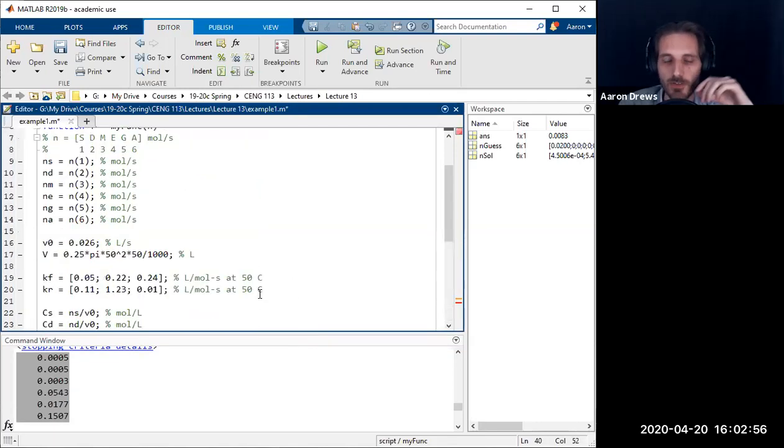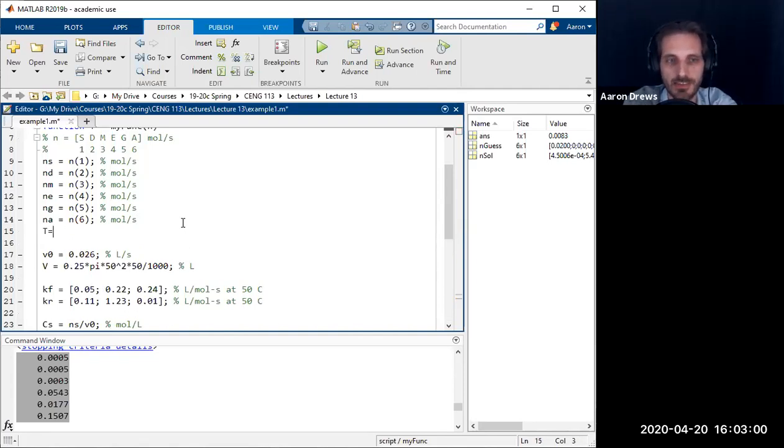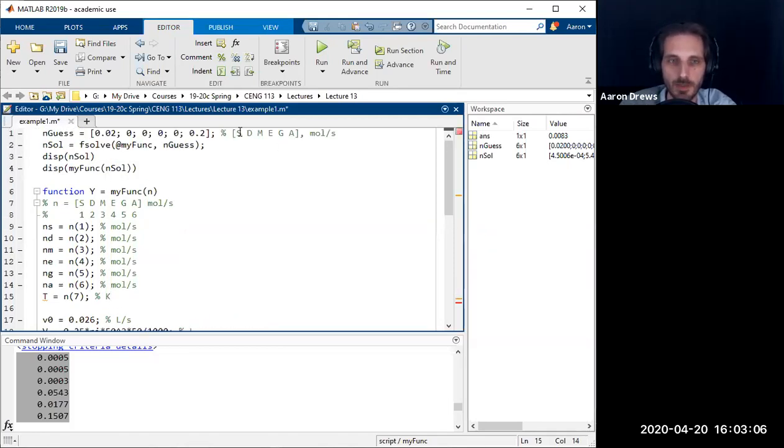That last one is now going to be temperature, right? So our temperature will actually be the seventh input, and it'll probably be in units of Kelvin. And then up here, we would need an initial guess for temperature, which if it was the inlet temperature, would be 50 plus 273. And so now our temperature is actually something that we're solving for.